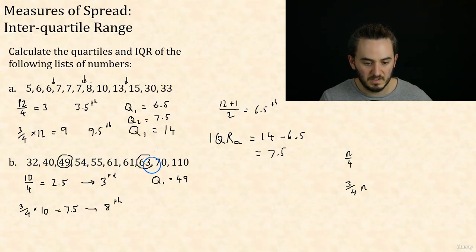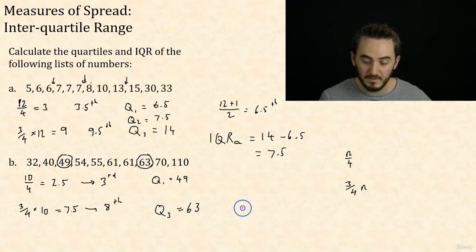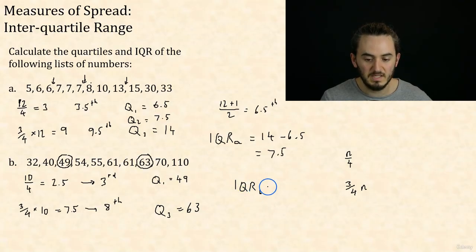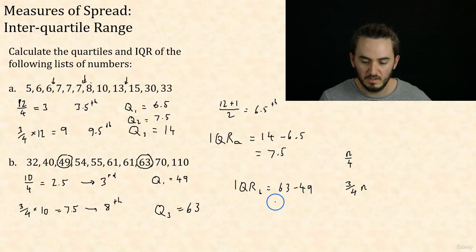So there is my 8th term, and that's Q3, or the upper quartile. The interquartile range for list B is the upper quartile minus the lower quartile, which is 14. So 50% of the data lies within a range of 14.